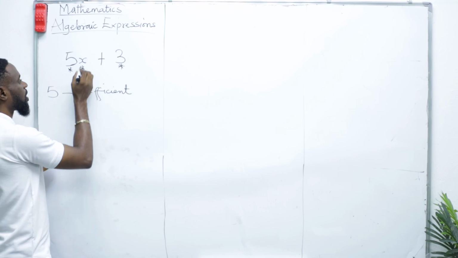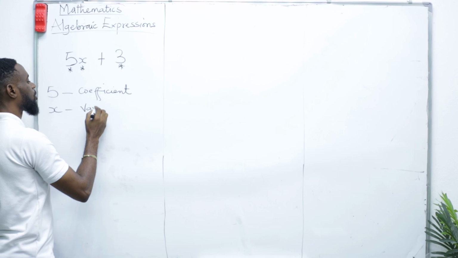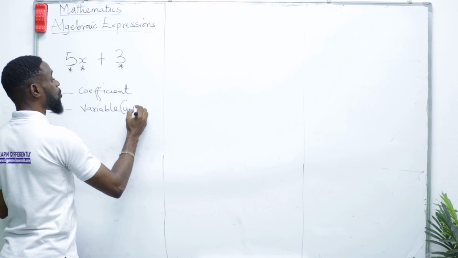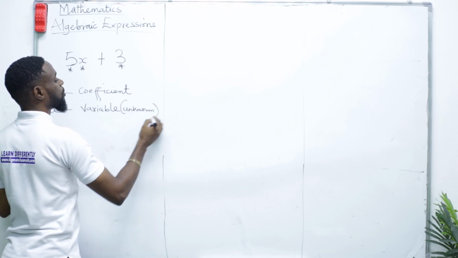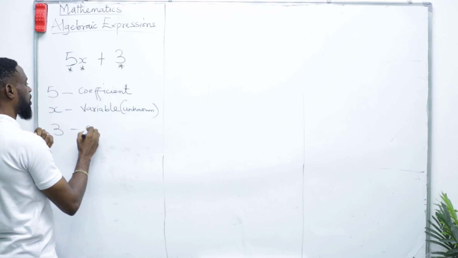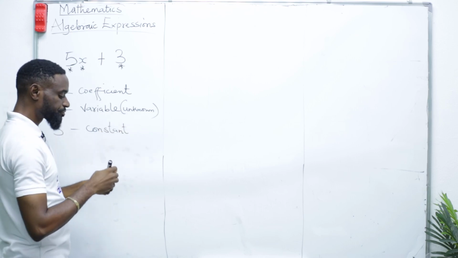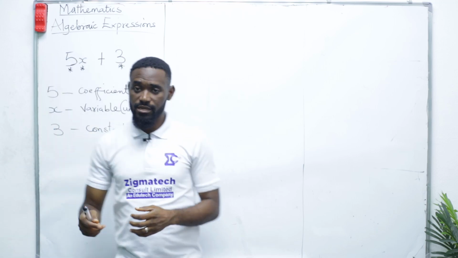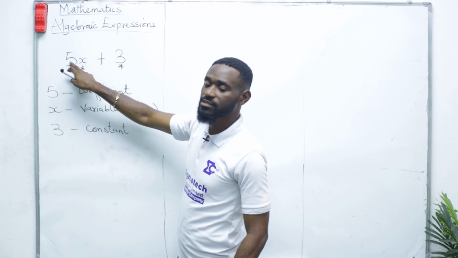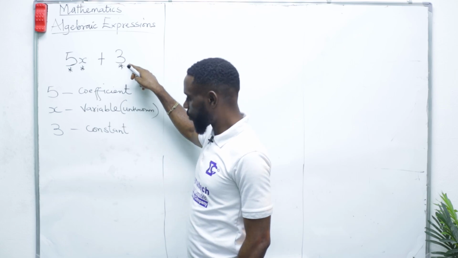This x is a variable. Some people call it an unknown. This 3 here is called a constant. Are you with me? So, this is a coefficient, this a variable, and this a constant.